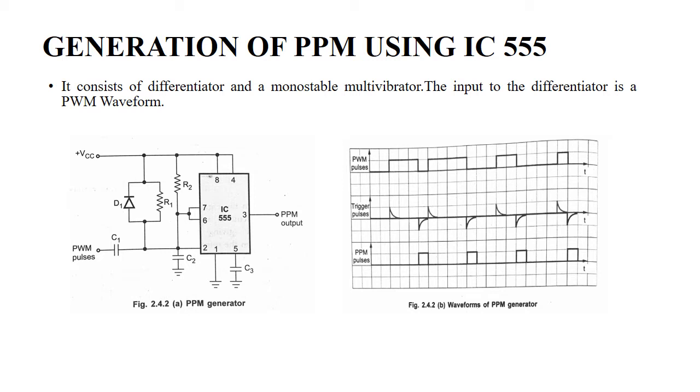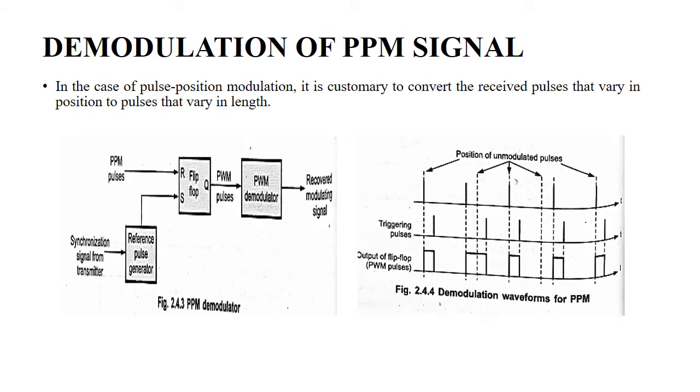The diode D1 is used to bypass the positive spikes, and the negative spikes are used to trigger the monostable multivibrator. The monostable multivibrator then generates pulses of the same width and amplitude, with reference to the trigger, to give the pulse position modulated waveform. This provides the waveforms of the PPM generator.